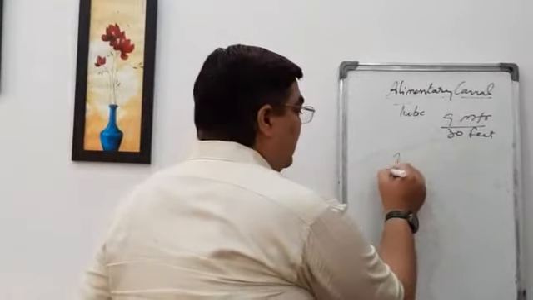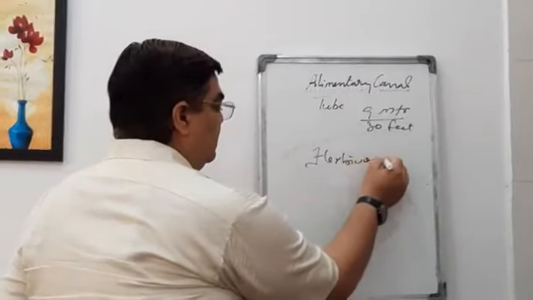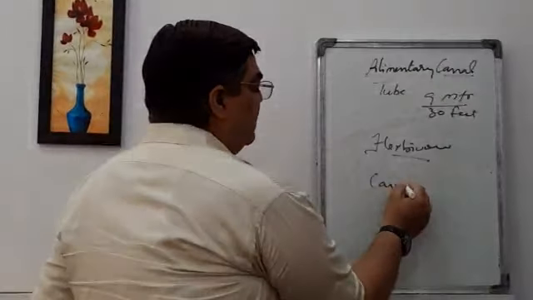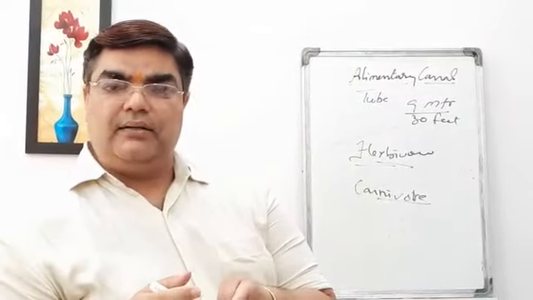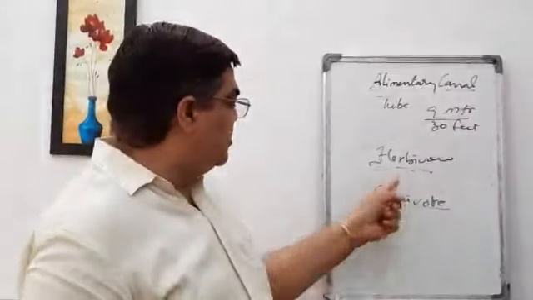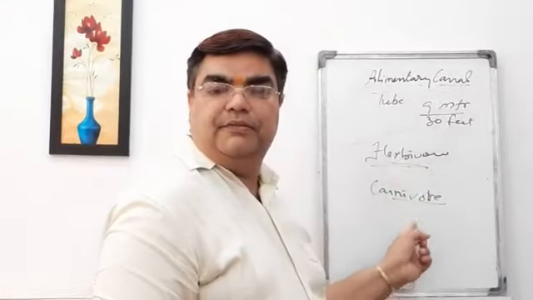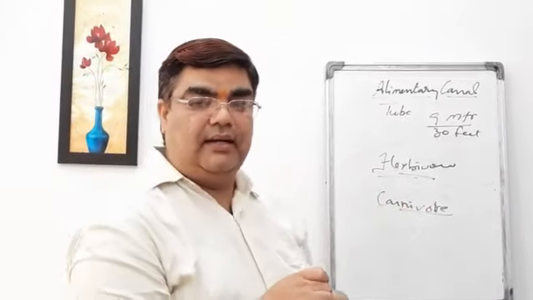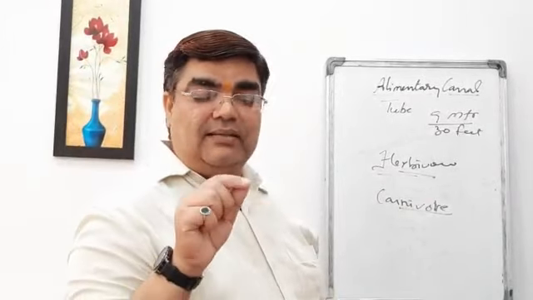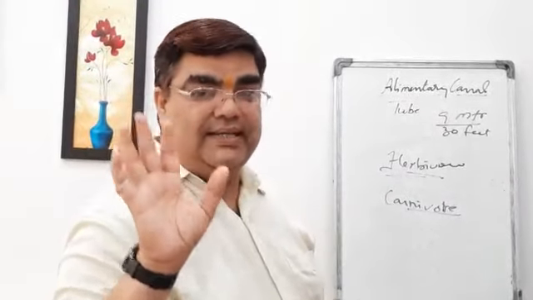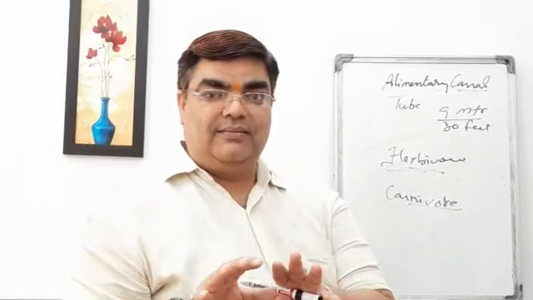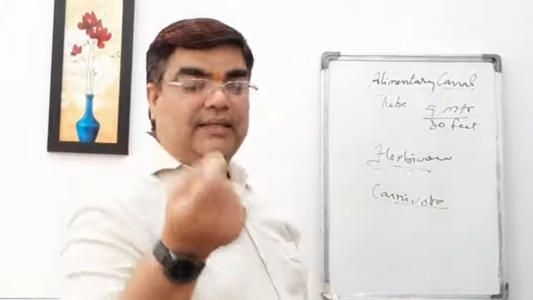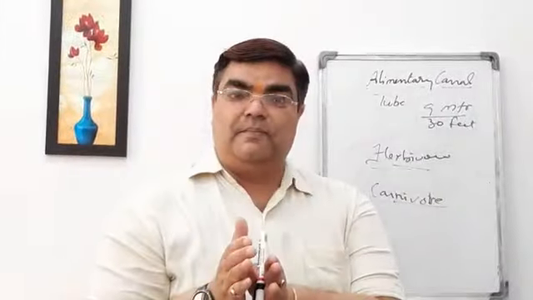This length also varies in different types of animals. Some animals are herbivore and some are carnivore. You know, herbivores are grass eating, herb eating, and carnivores are flesh eating. These two types of animals have different lengths of the alimentary canal. Student, you will be amazed to know that meat is easier to digest. I am not saying that you have to take meat. I am not sponsoring or advertising that. But I am just saying that meat is easier to digest.